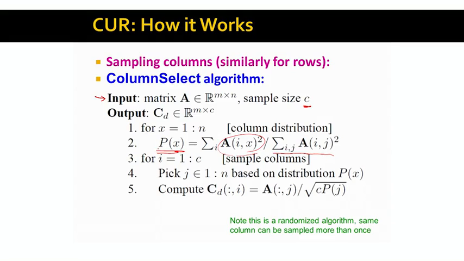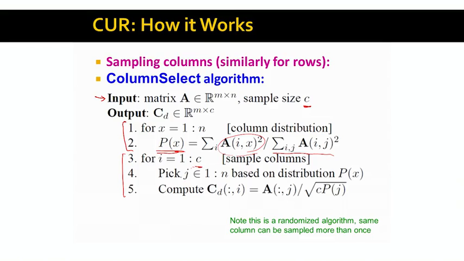Where long columns, where the sum of the squared values is big, will have a higher p of x, and columns where the sum of squared values is small will also have small p of x. So we basically compute a probability distribution over the columns. And now in steps 3 to 5 we have a for loop from 1 up to C, where C is the number of columns we want to select.